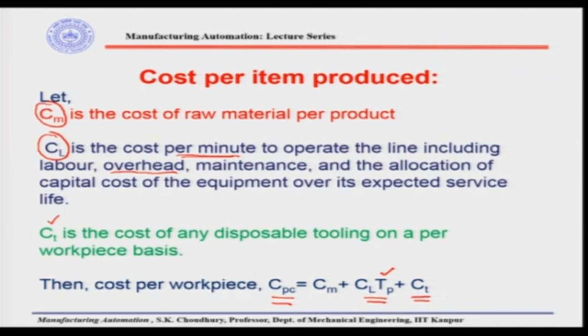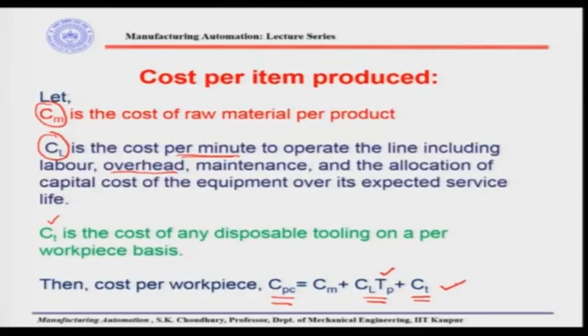So, altogether CM plus CL into TP plus CT will give you the cost per workpiece. So, this is easy to find out: how much will be the cost per assembly or per piece which is being machined on the line.